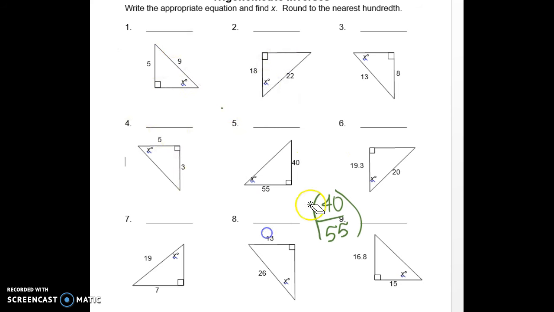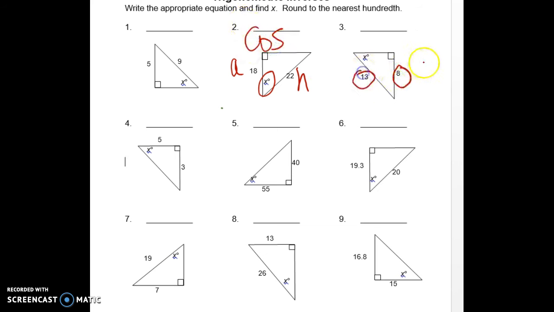I'll go ahead and help you identify some more of what they are. So here we have adjacent and hypotenuse, so you would use cosine. Here we have opposite and hypotenuse, so you would use sine. This is opposite adjacent, so you would use tangent.